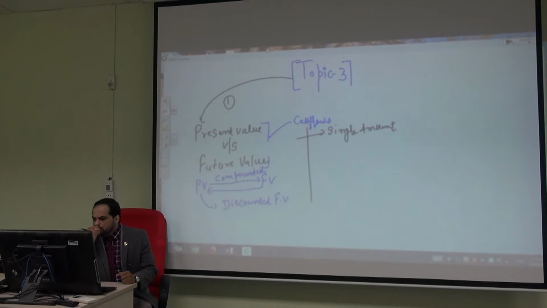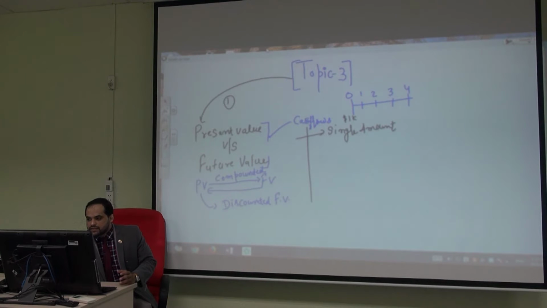I can write an example of a single amount. That's 0, 1, 2, 3, 4. Right now, you invest $1,000 for the next 3 years.